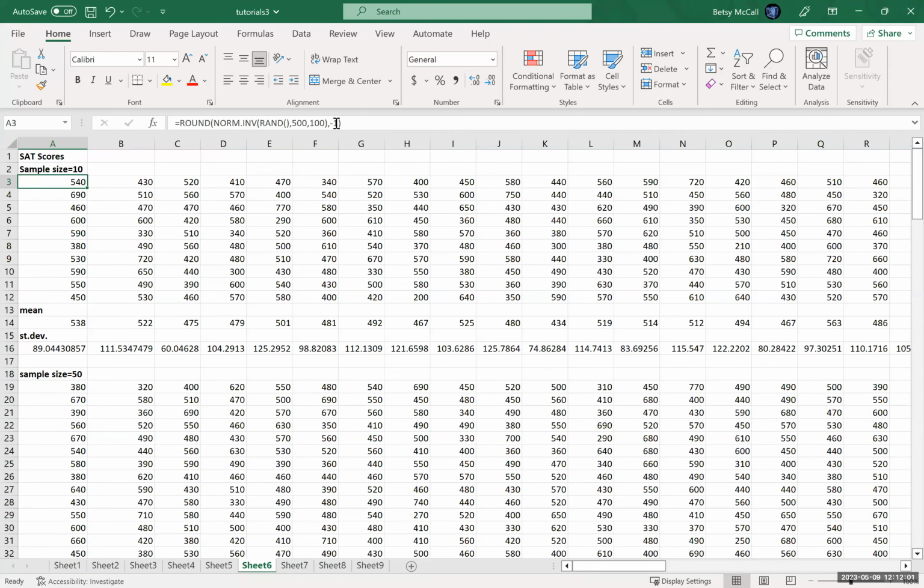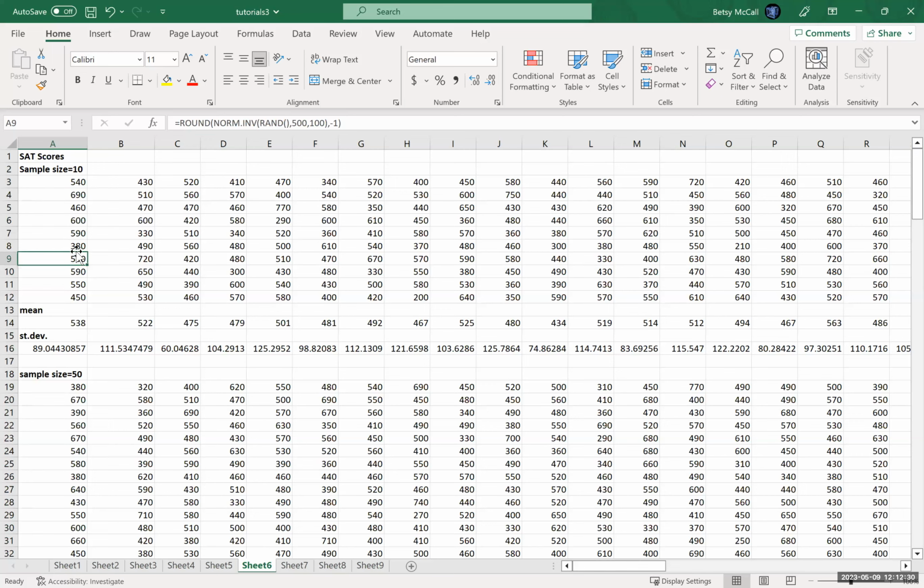So normally you count digits past the decimal place. So 0 would round to the whole number, and 1 would round to 1 decimal place, and 2 would round to 2 decimal places. But if you want to round to the tens digit, then you use -1 because it's 1 digit in front of where the whole number would be. And so these are our simulated SAT scores.